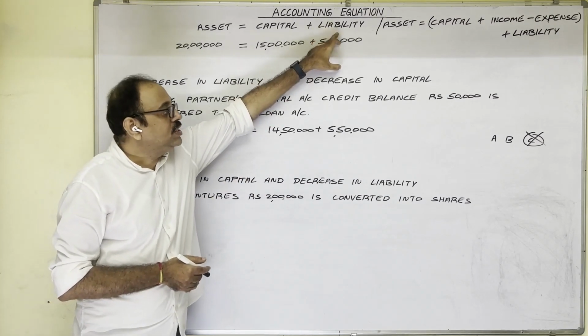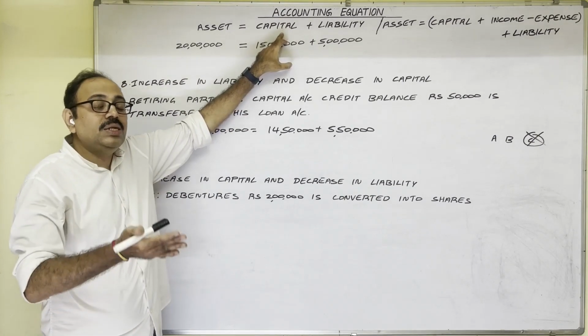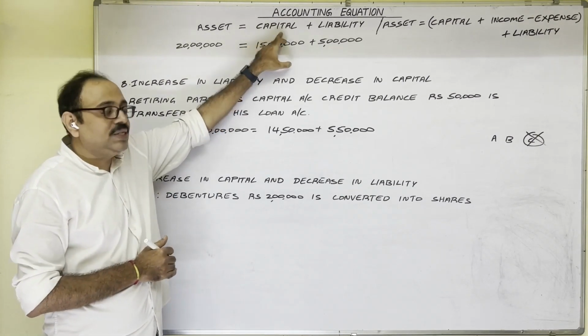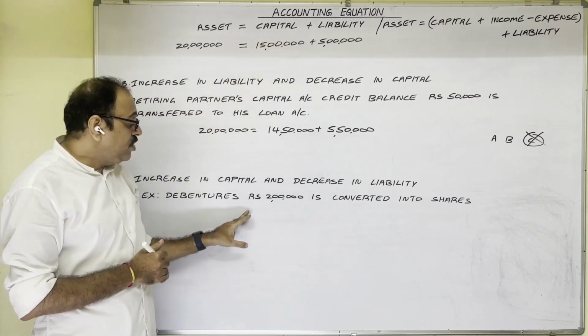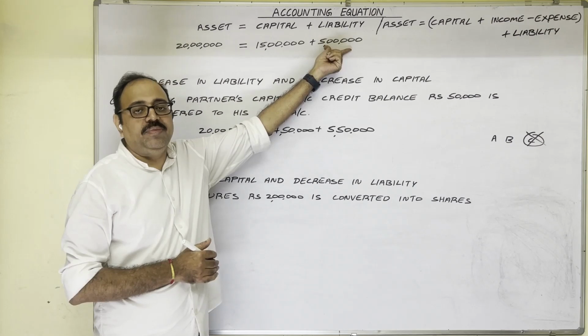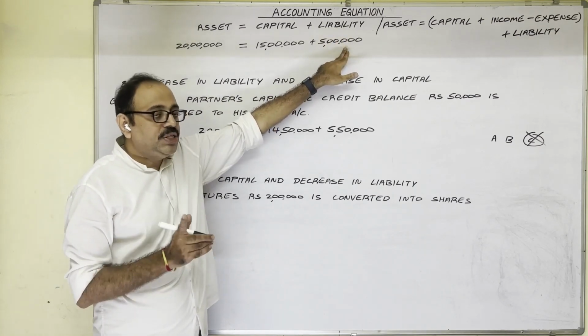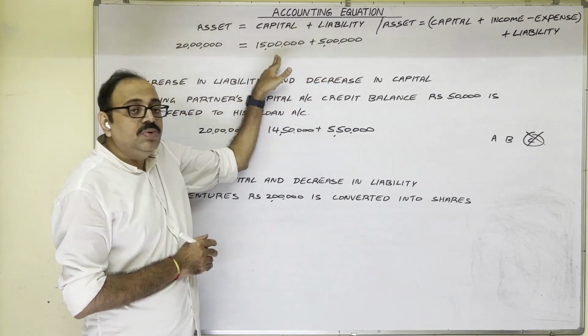Because debenture holders are outsiders, shareholders are owners. When owners invest money into the business, that is known as capital. So previously what happened? 2 lakh is included in this liability. Right? Now, one liability, debenture, is converted into shares.